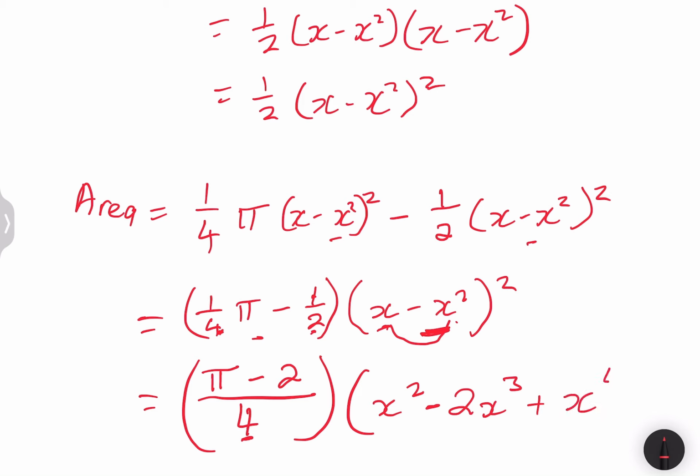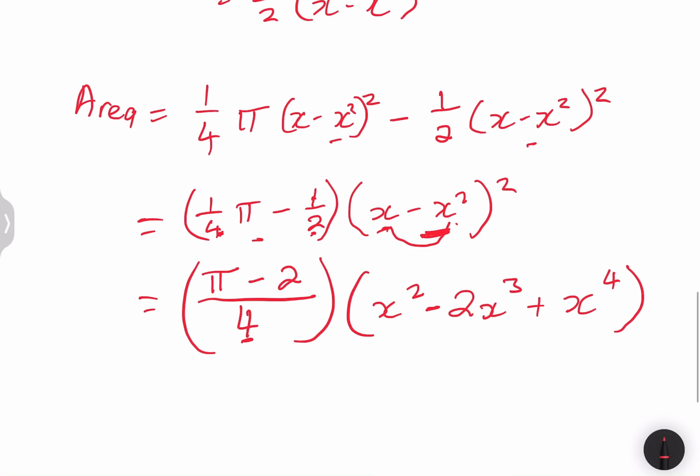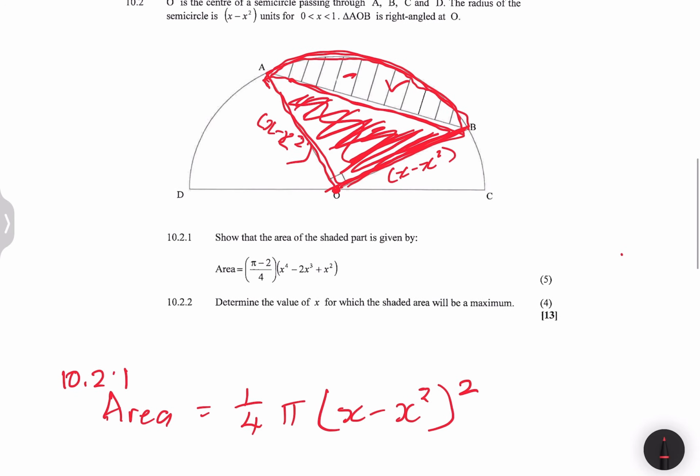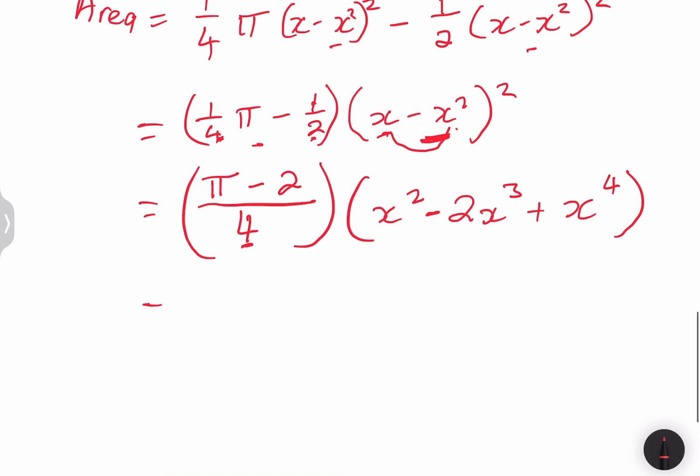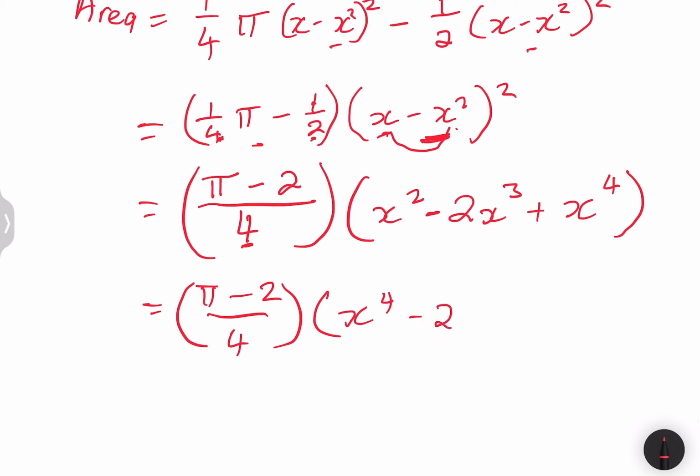Plus x to the exponent of 4. So that's what it looks like when you expand it. And agree with me, ladies and gentlemen, it will look exactly like that. If you want to, you can actually write it as it appears there, over 4 rather. So that's over 4 into x to the exponent 4 minus 2x cubed plus x squared. Okay, right, and so we've proven that there.